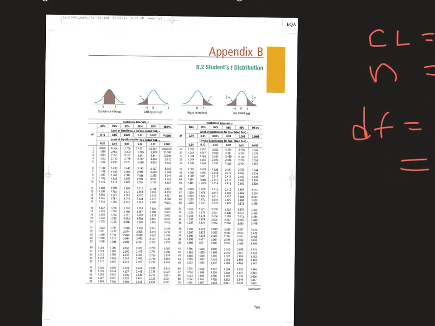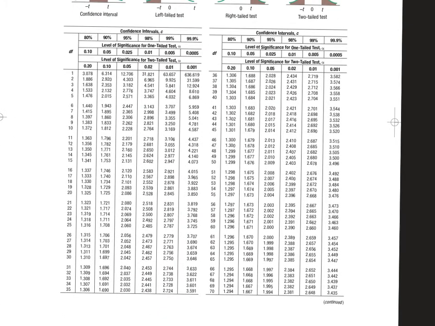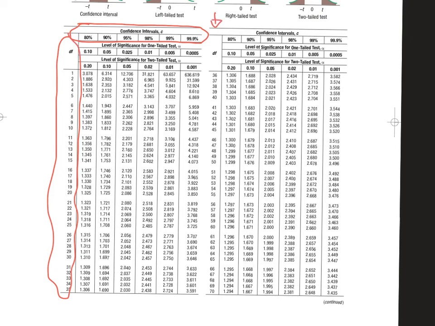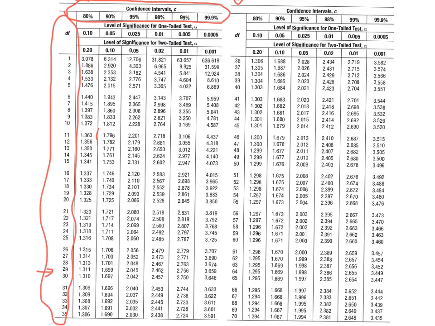So let's have a look to see what that means. Again, we're only interested in this case in this specific row where it has the confidence intervals and this first column with the degrees of freedom. Of course, you can look in this distribution this side as well, as the degrees of freedom continue here. For our case, we had n of 30, and therefore degrees of freedom is 29. So we go up to the top of this to look for our confidence level of 95%.